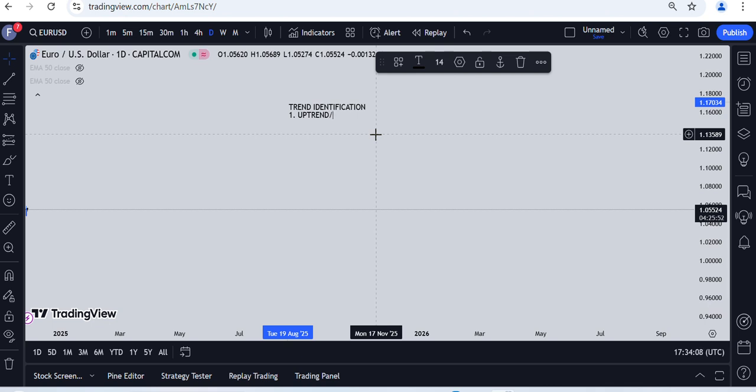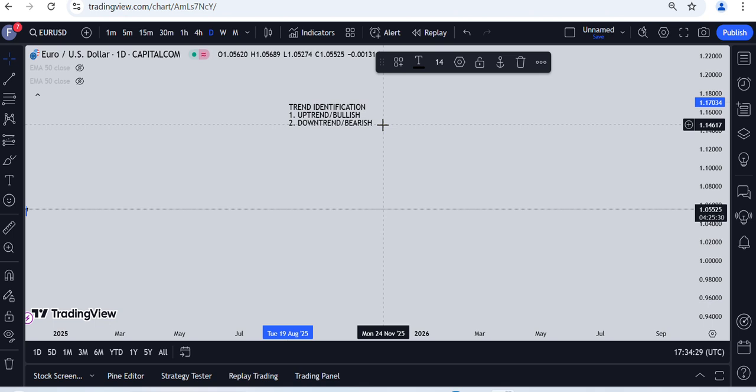uptrend slash bullish trend. So when the market is going up, you can call it an uptrend or you can call it a bullish trend. Then number two, we have downtrend slash bearish trend. Downtrend slash bearish. That's when the market is going down.